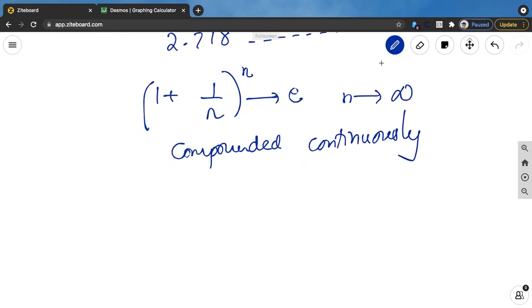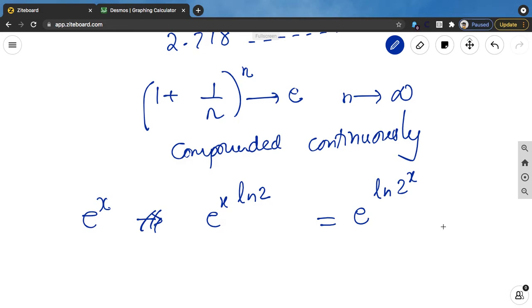Also, we know that e raised to x ln 2 can be written as 2 raised to x, because e and ln are inverse operations, so they will cancel each other.